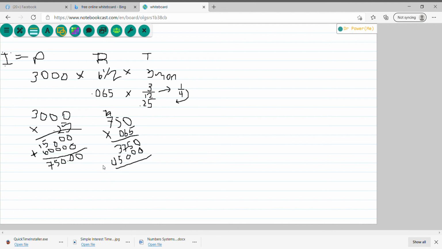And then I'm adding. Remember that you're going to add those together. And that's a 4, 0, 5, 7 plus 0 is 7, 3 plus 5 is 8, and 4.